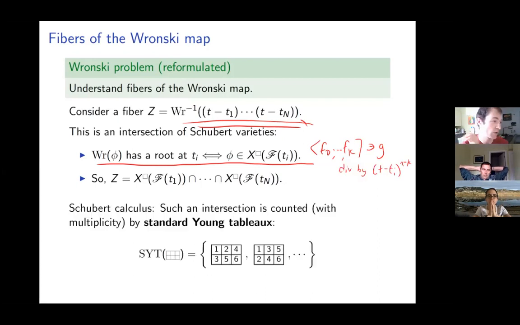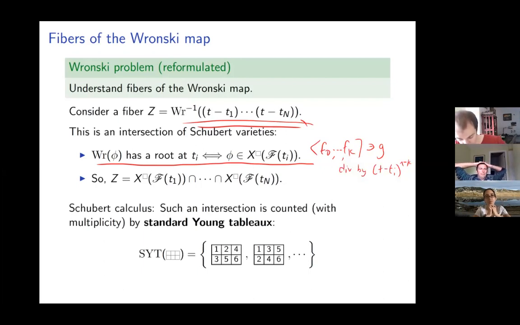There are tools from Schubert calculus that tell us what happens when you intersect a bunch of Schubert varieties and count how many points you get. It turns out this is one of the first calculations you would do when learning Schubert calculus: to show that a complete intersection of codimension 1 Schubert varieties is given by the set of standard Young tableaux of this shape.